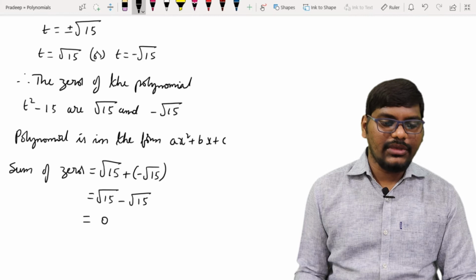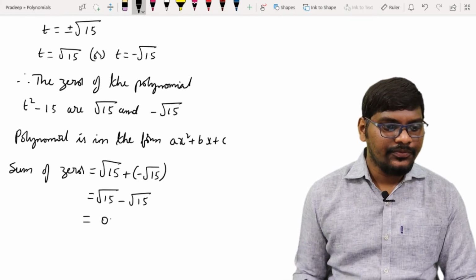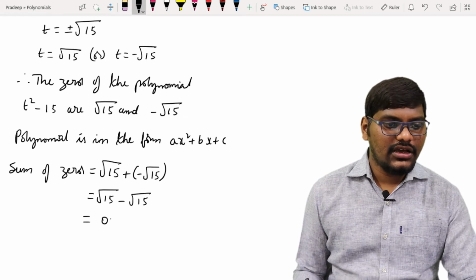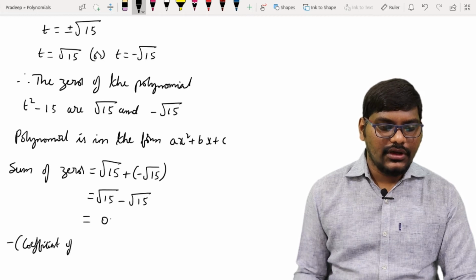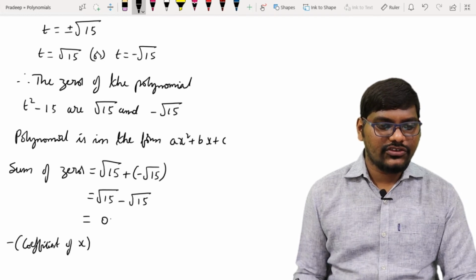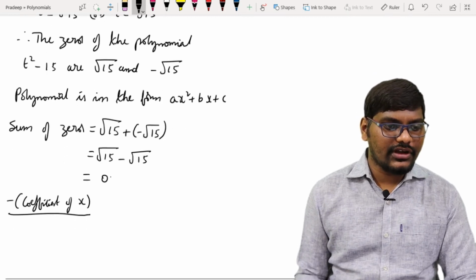So this becomes 0 as the sum of zeros. So we'll go for the coefficients also. So I can write here minus coefficient of x by coefficient of x square.